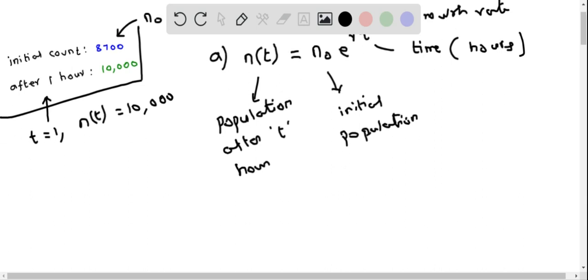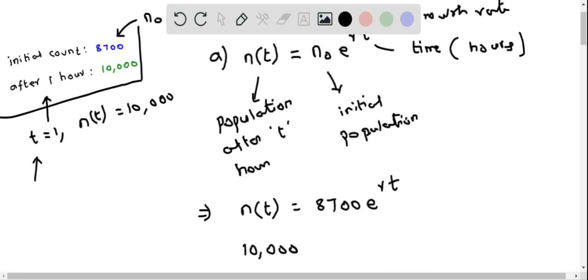So let's do that. I first write n of t, and this equals, I plug in n naught, which is 8,700 e raised to the power of rt. Now I plug in this information, that is when t equals 1, n of t equals 10,000. So I put 10,000 for n of t, or otherwise this is n of 1.